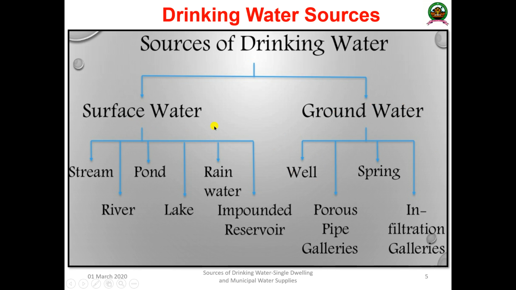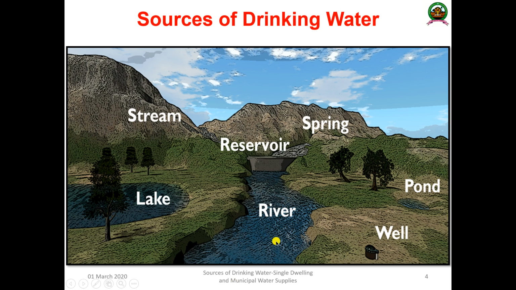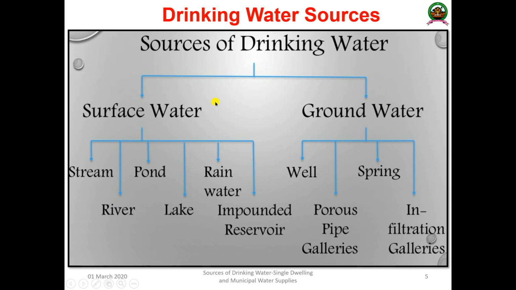The surface water is mainly present on the surface of the earth, and comprises stream, river, pond, lake, rainwater and impounded reservoirs, as you can see in the picture. Most of them are surface water.